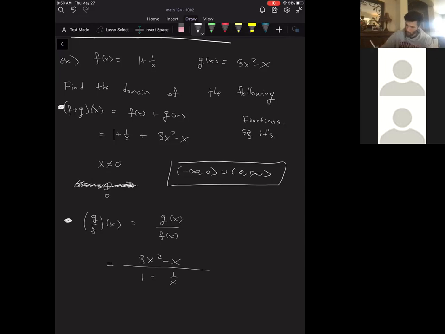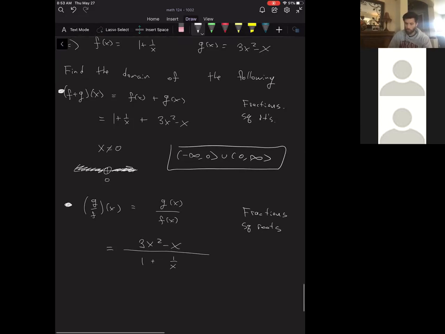So again, fractions and square roots. No square roots, so we don't have to worry about that, but there are fractions. We see fractions technically in two different places. This entire thing's a fraction, and here's the bottom of that fraction. So we have to have 1 plus 1 over x not equal to 0. But we also see a fraction in one other place.